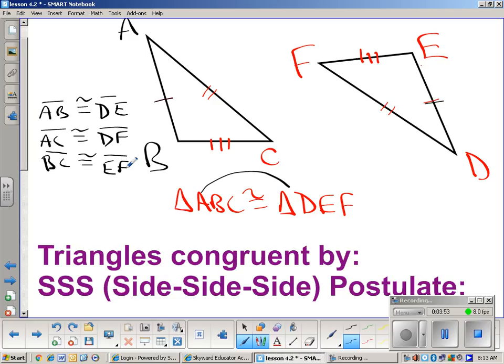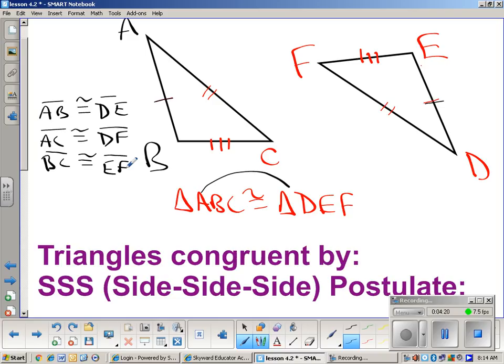So in other words, if I gave Ariana 3 sticks that make a triangle, by the way, you realize if I give her just any 3 sticks, she may or may not be able to make a triangle. Okay? It's possible I could give her 3 sticks that won't make a triangle, because 2 of the sides would be too short for the third side. Or you could look at it and say the third side might be too long for the other 2 sides.